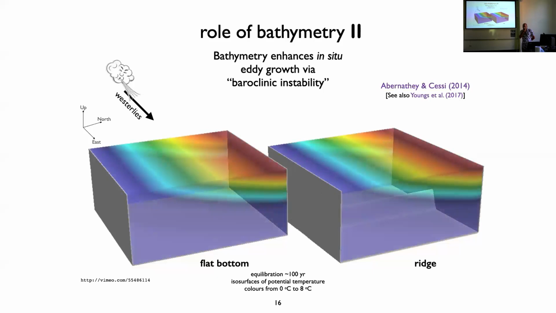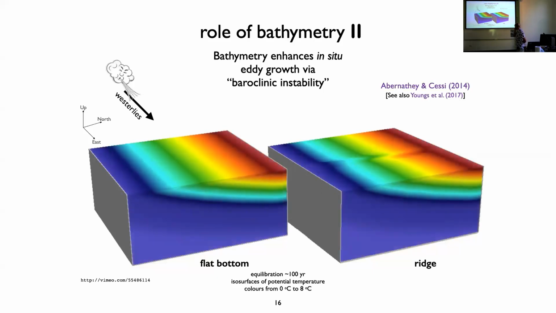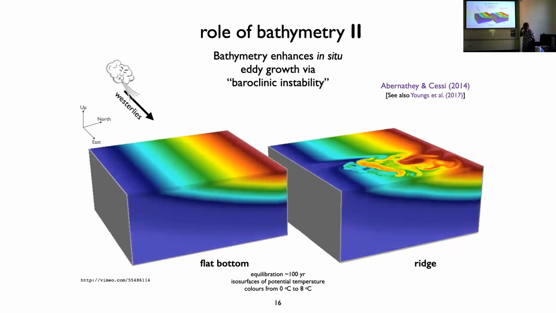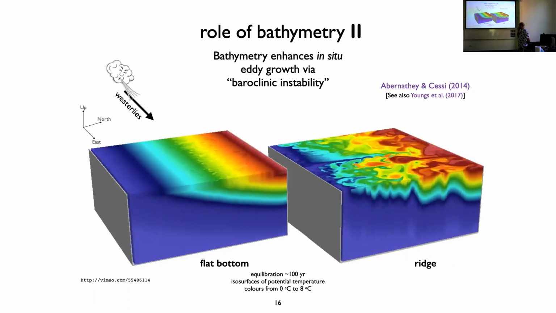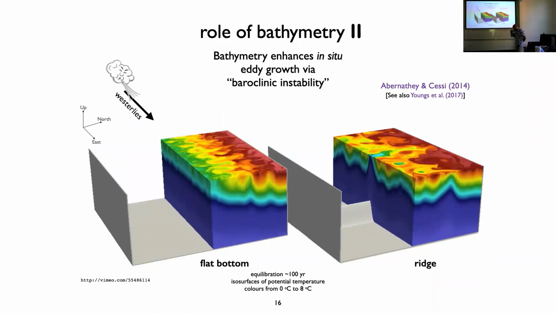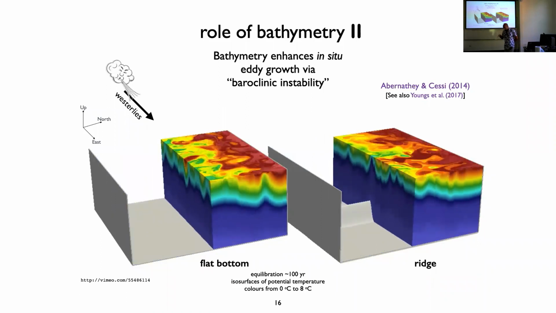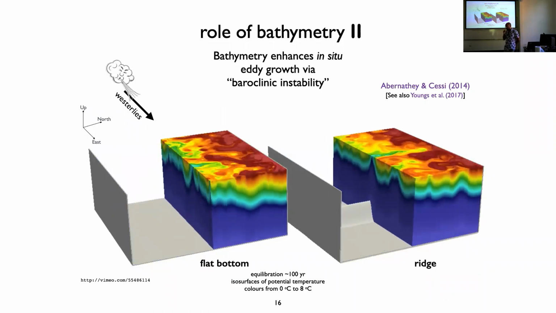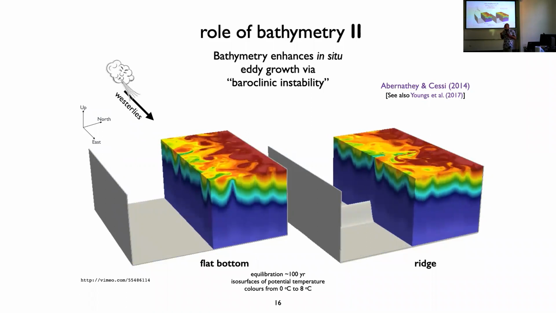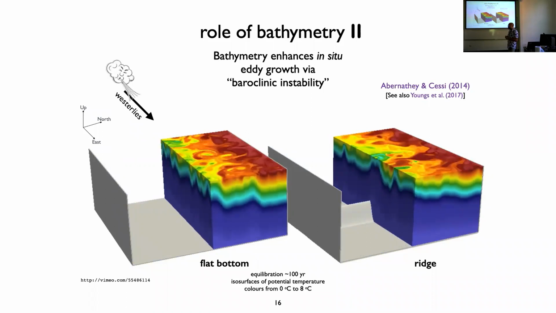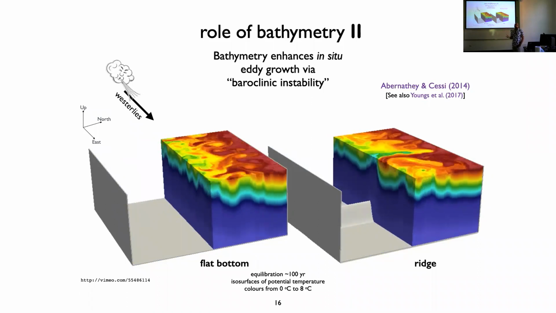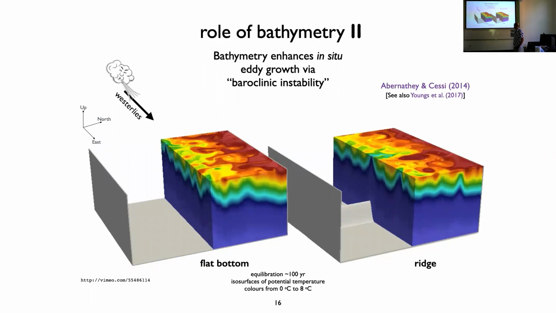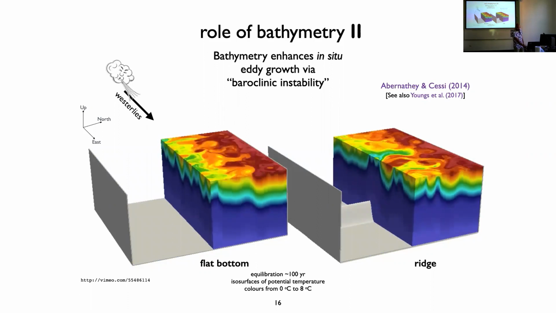And you can see that in the right one, with the ridge, the turbulence develops much more quickly. The characteristics of the turbulence are very different. So not only does the bathymetry play a very crucial role in setting up the strength of the current, but it also changes how the whole turbulent flow looks.